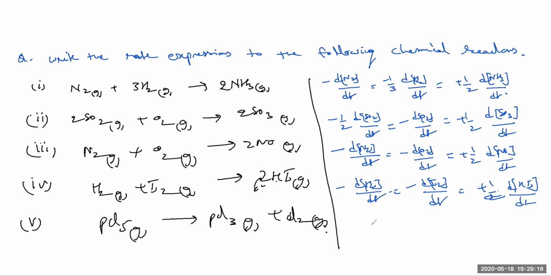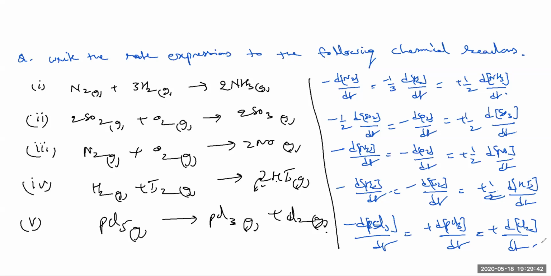Last one: minus d of PCl5 by dt is equal to plus d of PCl3 by dt is equal to plus d of Cl2 by dt. Understood?